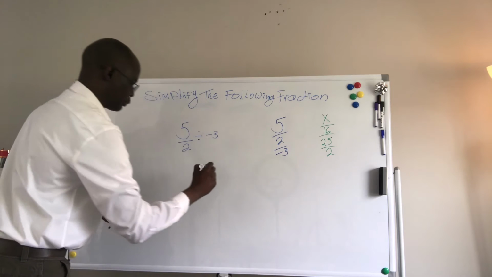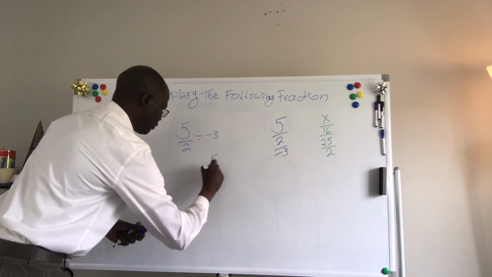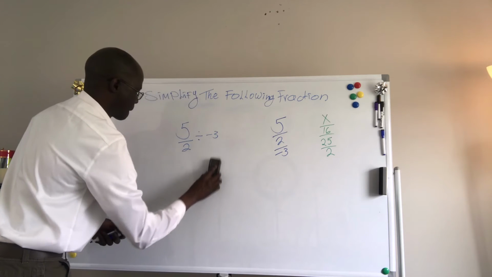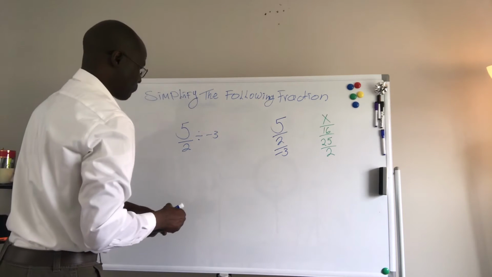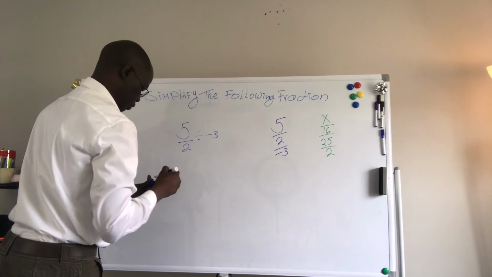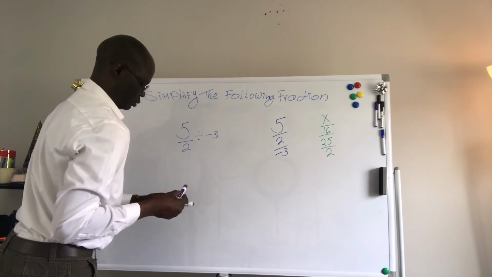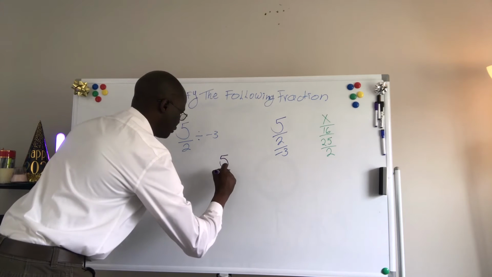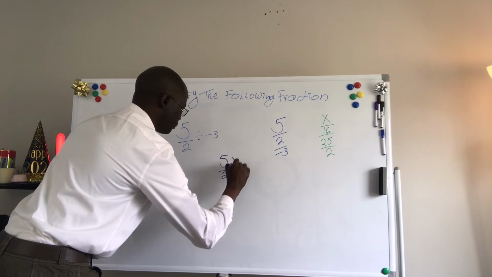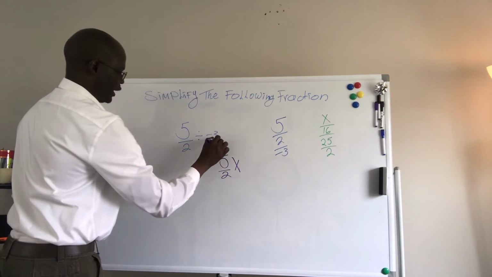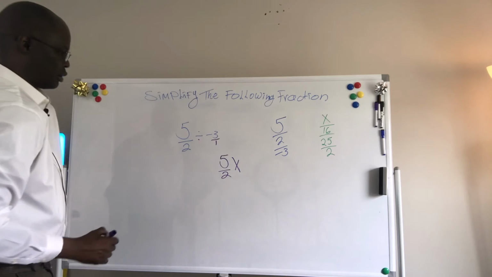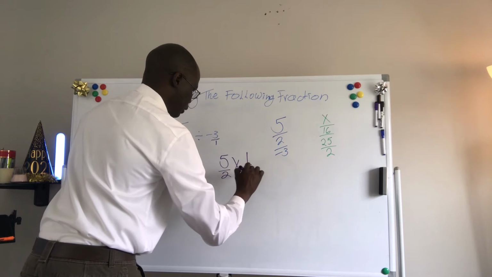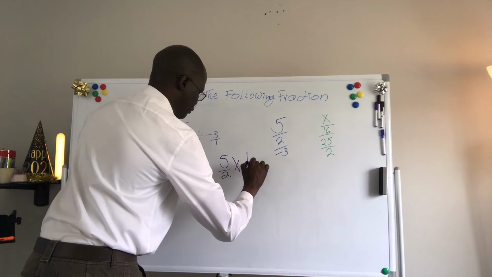As we said, it will be 5 over 2, times, we say we have 1 here. And it became minus what? Minus 5.